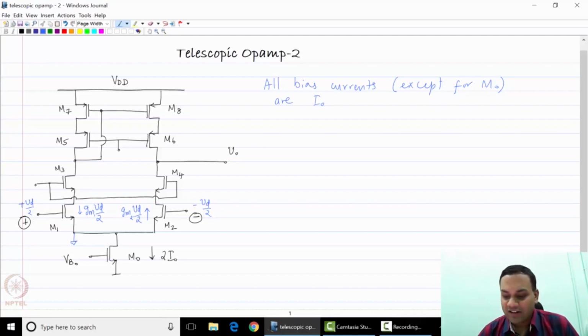Now what happens to this current? Let us look at the current through the left half. This current has two paths to flow. One is through the resistance of M1 itself. I am looking only at transistor M1, with current Gm times Vd by 2.